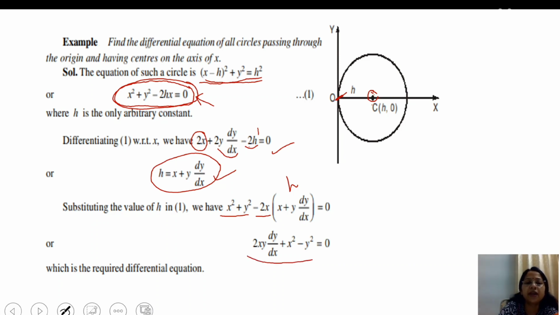On simplifying, we get this result. In this way, we have formed a differential equation by eliminating an arbitrary constant.